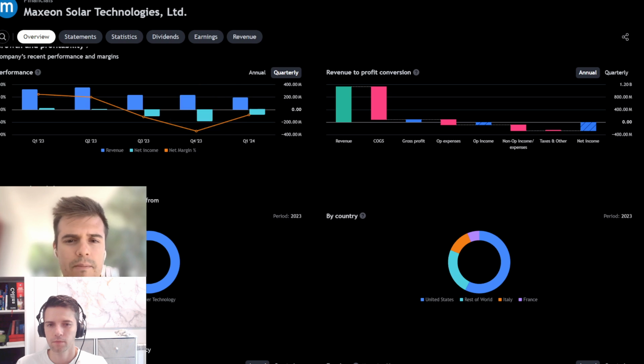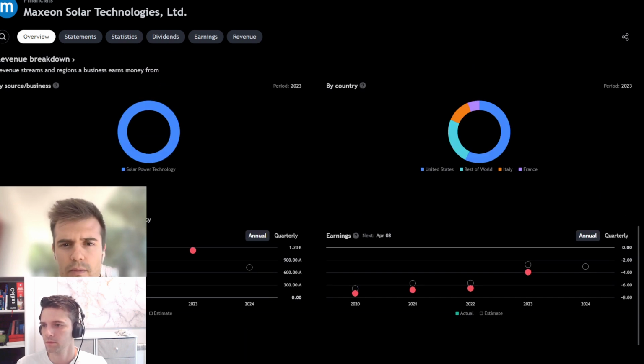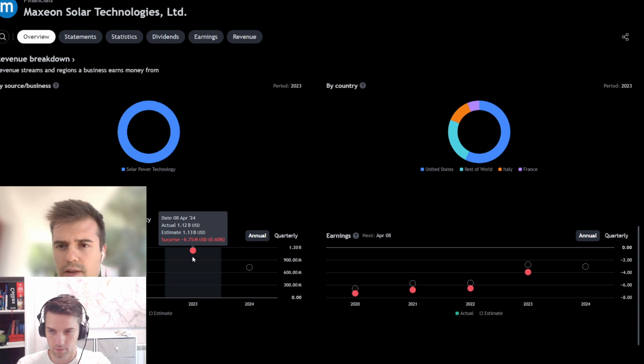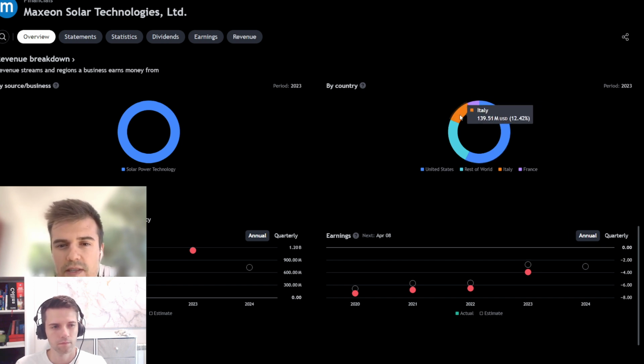Going a little bit lower in this section that we find very interesting, we have revenue breakdown by country. You can see the percentages during 2023 of where this company has been operating or offering services. The majority is 57% United States, then Italy 12%, then France 6%, and then rest of the world 24%.